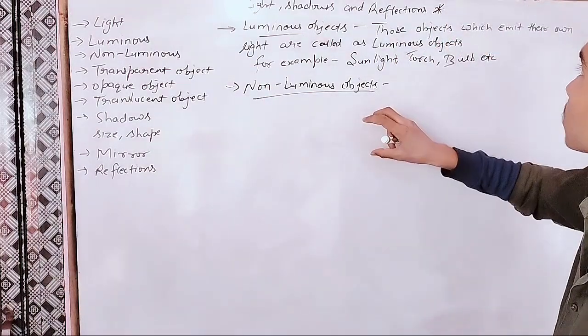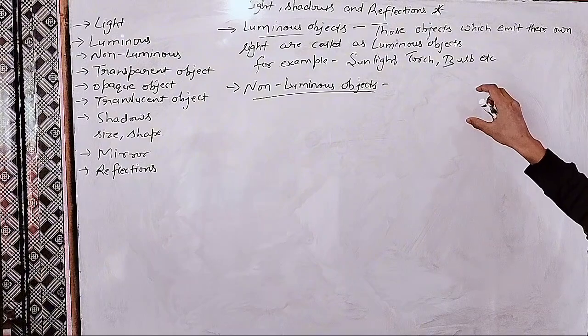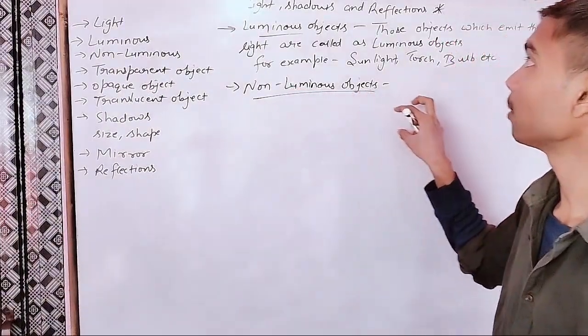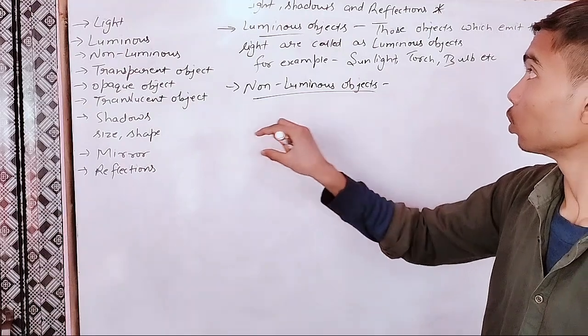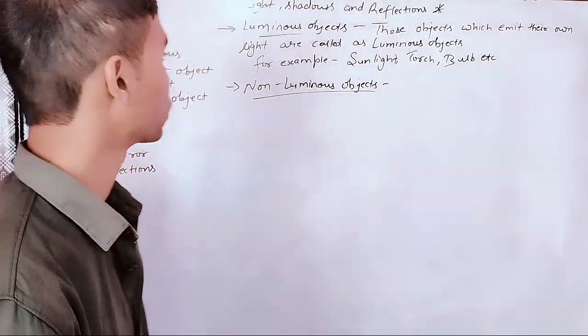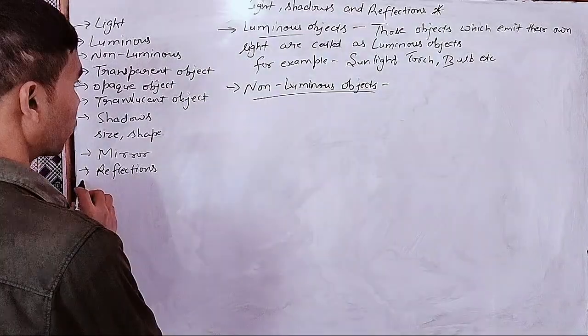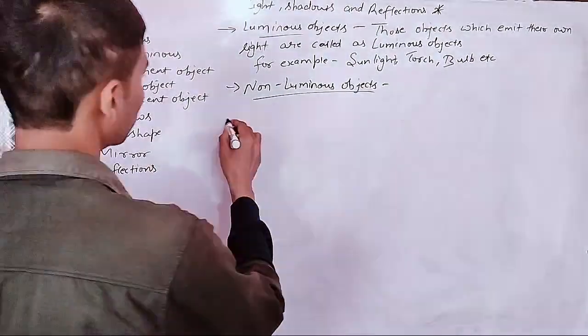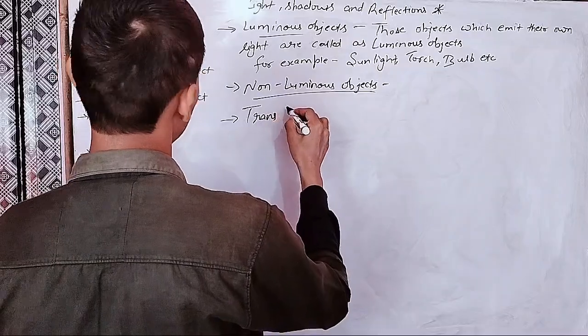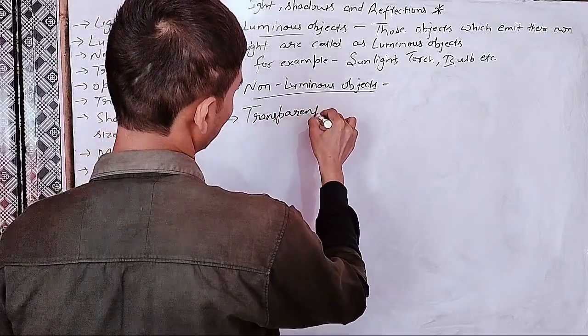Clear? So those objects which cannot emit their own light will be known as non-luminous objects. Clear? Now we are moving to transparent object.